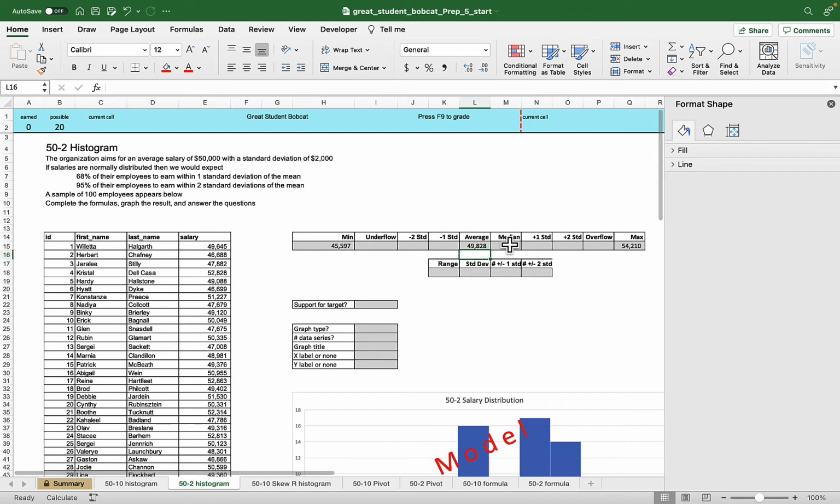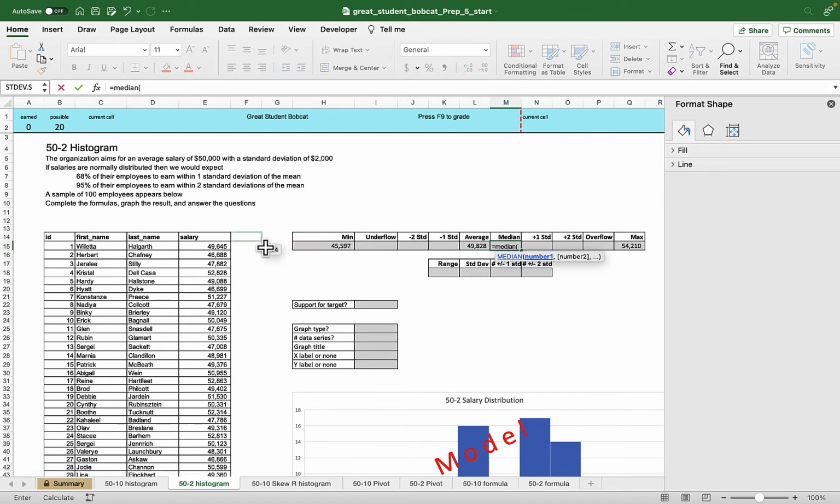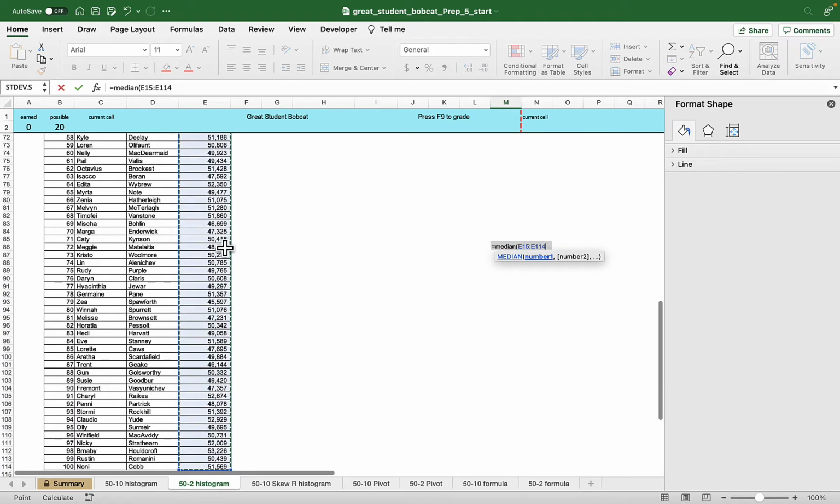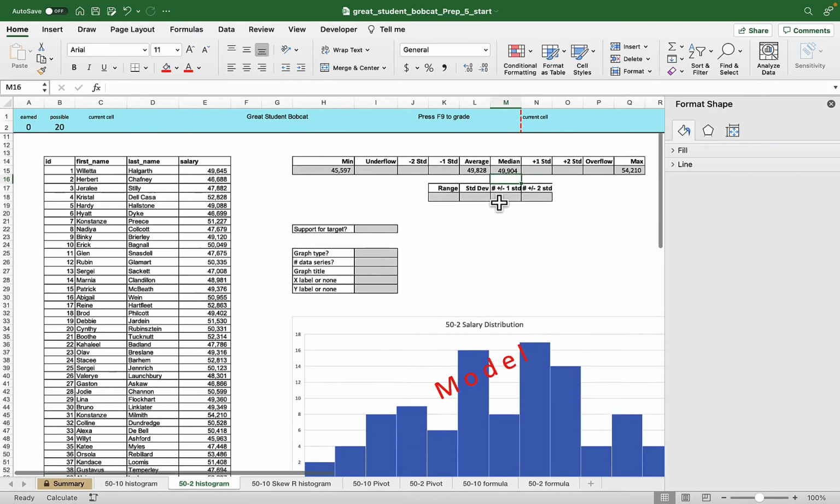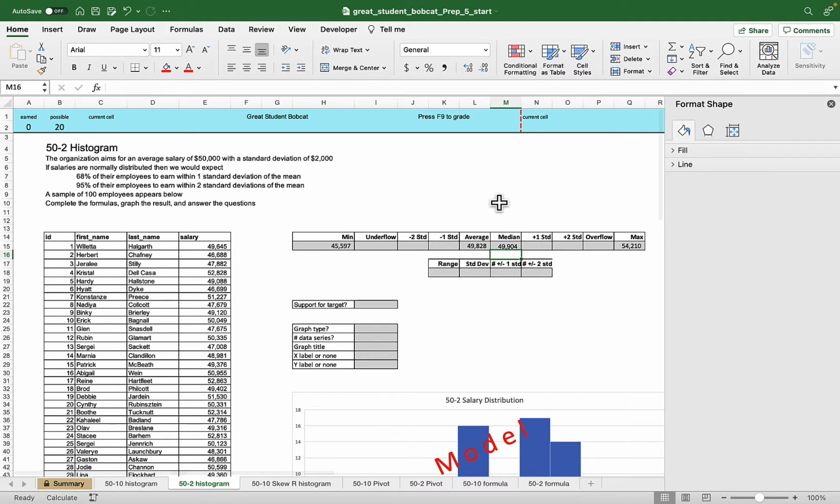The median. And we would expect, since it looks bell-shaped, the mean and the median to be really close. And they are. That's great. Sum. Okay, the range. Max minus the min. Standard deviation.